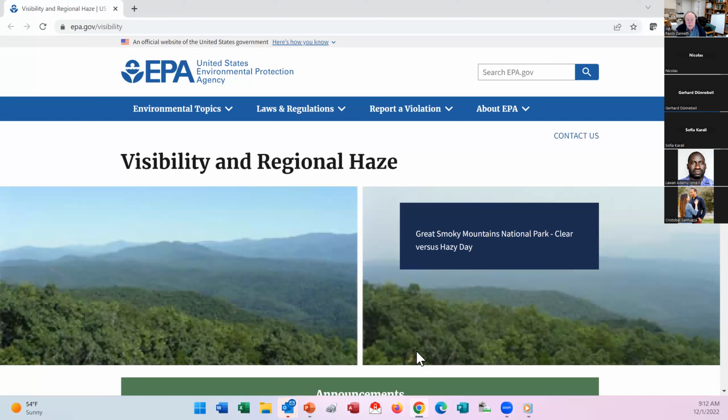When you visit a national park, you would like not to have regional haze. Some regional haze may be caused by natural problems, relative humidity, some emission of hydrocarbons from the forest, but other problems may be created by anthropogenic emissions.